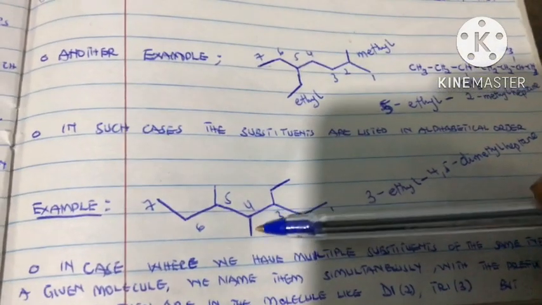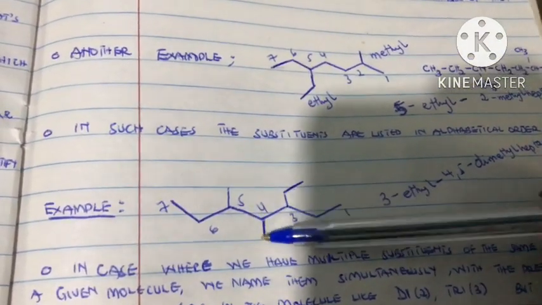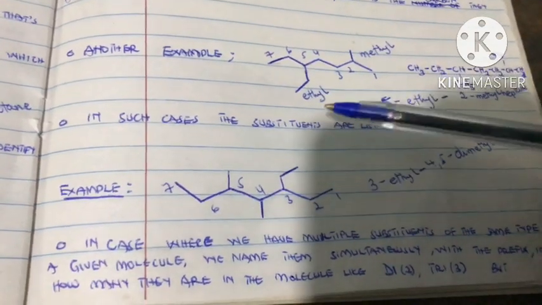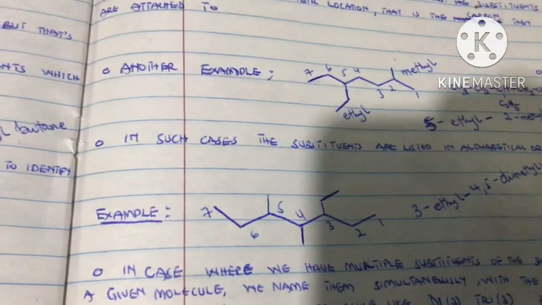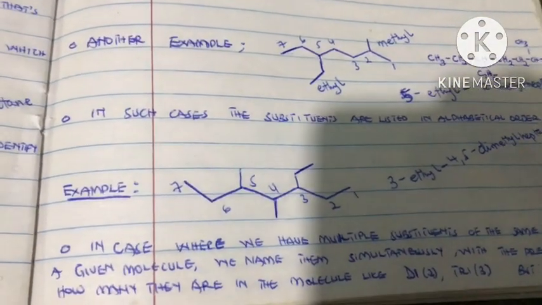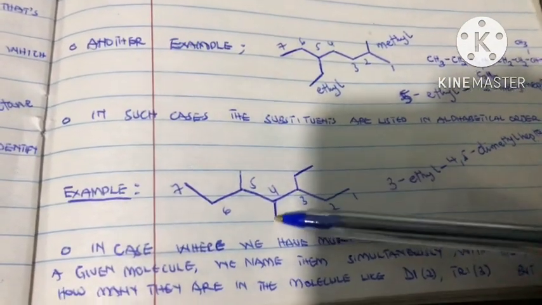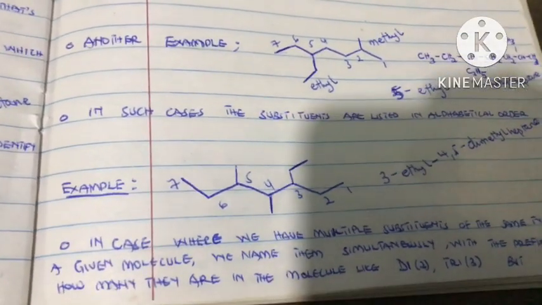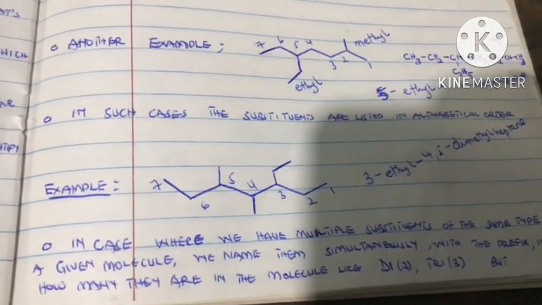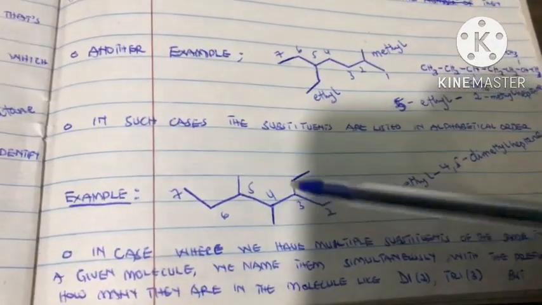So here we will use di because the methyls, they are 2. You understand? And the di, tri, we don't take them into account when it comes to alphabetical order. So ethyl will still come before methyl, because we use M for the methyl, not D for dimethyl. So let's try to name this.